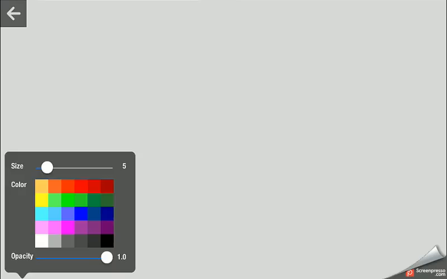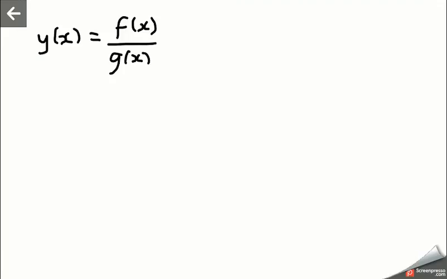To begin, let's suppose that y of x does in fact equal f of x divided by g of x, and that g of x does not equal 0. Well, this can be written another way, as f of x times g of x to the power of -1. Remember, negative power means you're dividing because you're canceling stuff off.